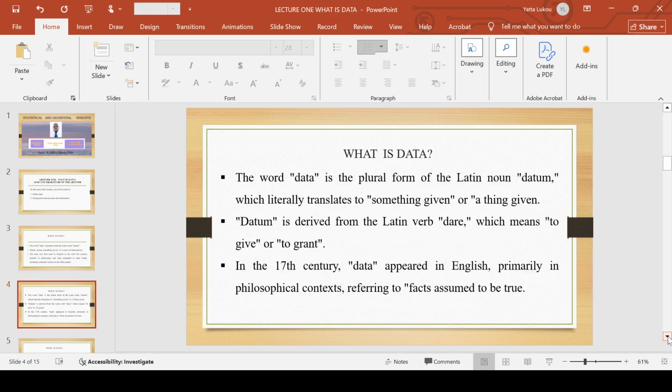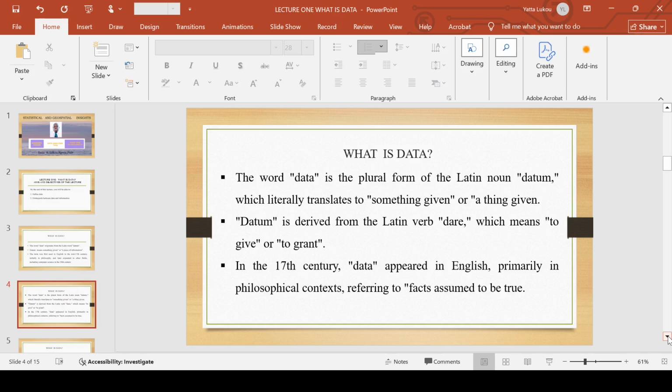The word data is a plural form of the Latin noun datum, which can be translated literally into something given. And again, datum is derived from the Latin verb dare, which means to give or to grant.